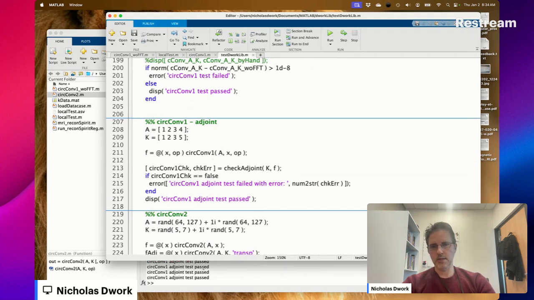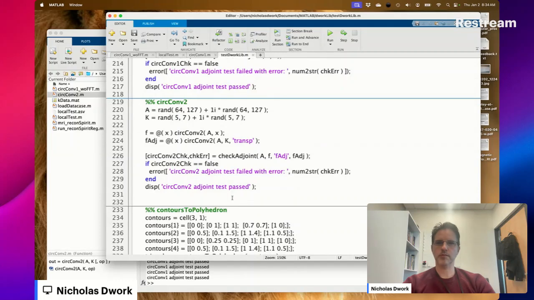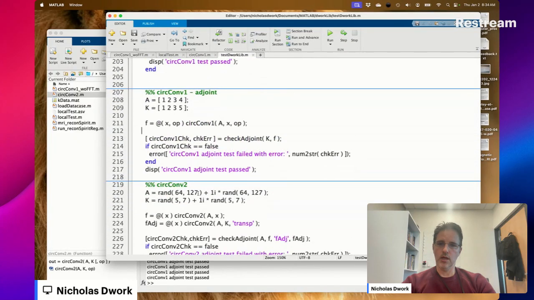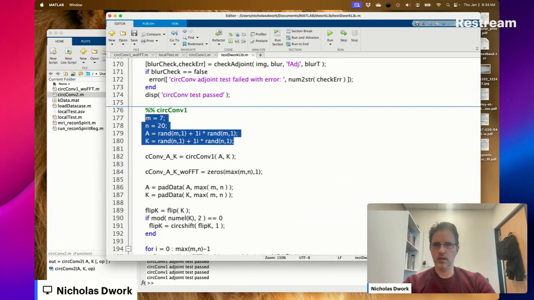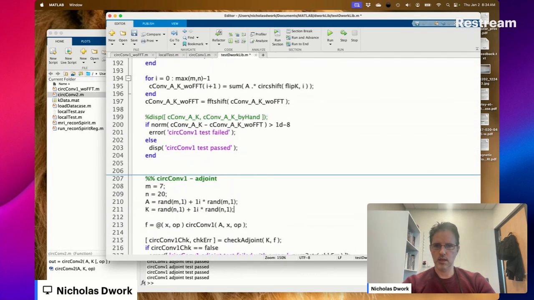That test passes. If we do this, it still passes.